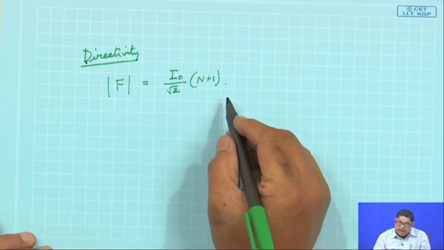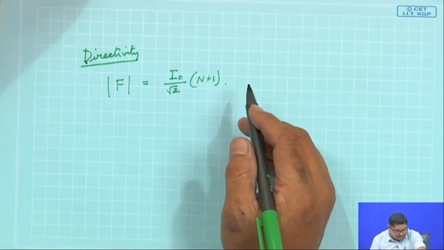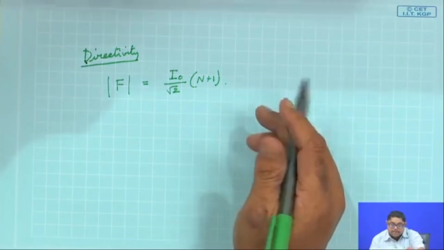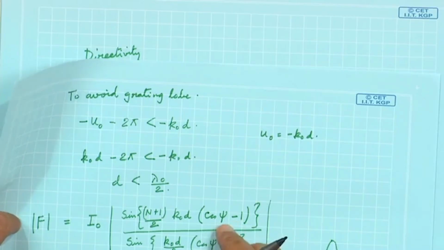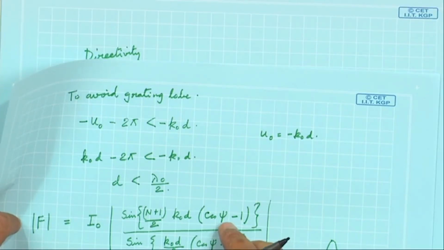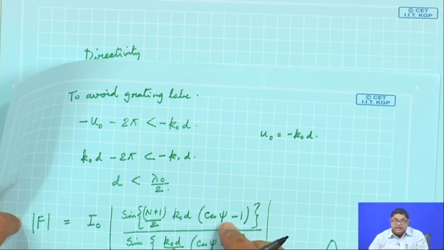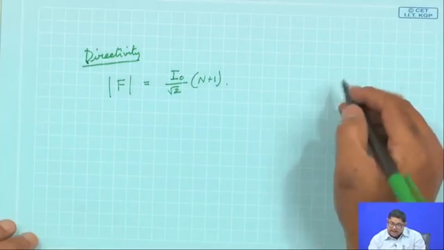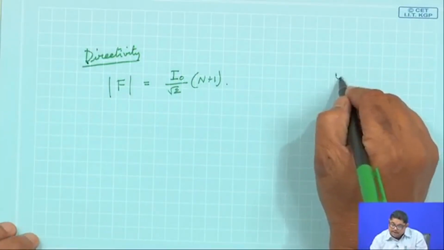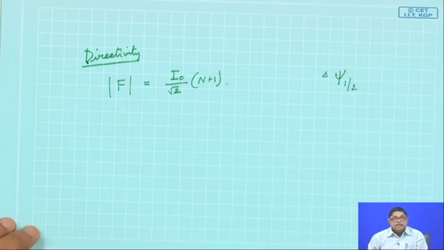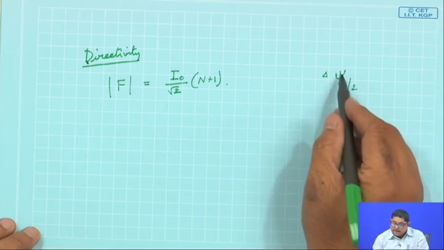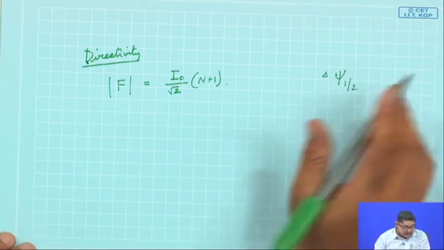Now, here we can put the previously written array factor. Here all this we will have to put as cos psi half. Suppose the angle at which the half power beam width occurs, let us call that delta psi half. Earlier for null to null we were calling delta psi, now it is delta psi half.